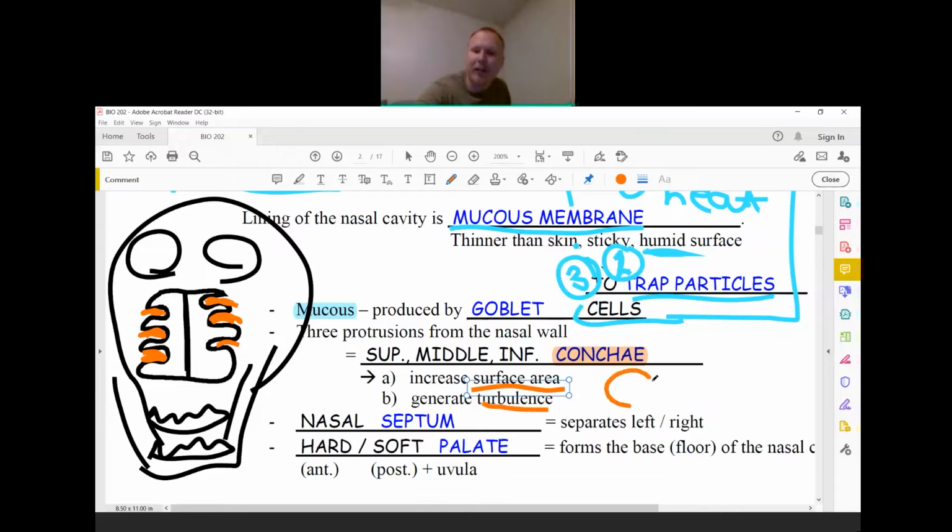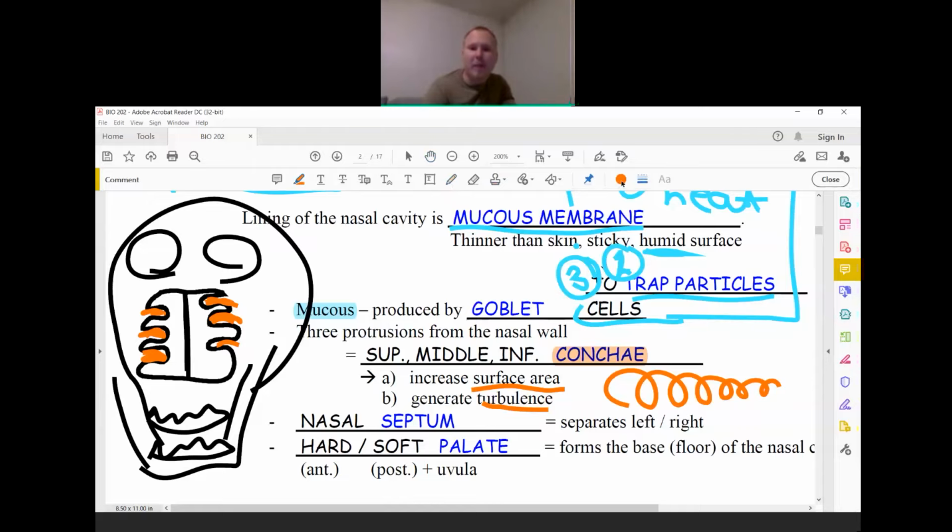You can think of that as generating this flowing airstream, a little bit like a tornado turned horizontally, which ensures that as much of the air as possible will reach and touch this mucous membrane. So as much of it as possible gets humidified, gets heated, and we are able to trap any particles that get into contact with this mucous membrane. So that's what I wanted to mention about those.